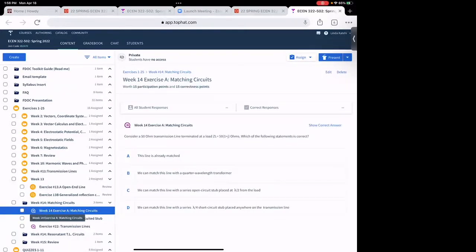We can match this line with a series open circuit stub placed at half a wavelength from the load. For an open circuit, you need to remember what it brings to the input impedance: an open circuit is equivalent to an impedance which is reactive. And we can match the line with a series quarter wave short circuit stub placed anywhere on the transmission line.